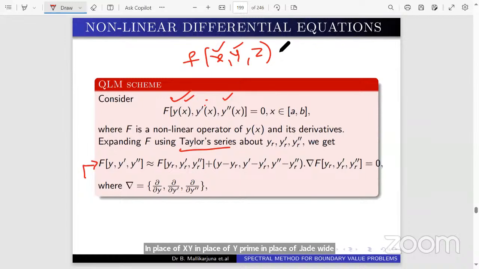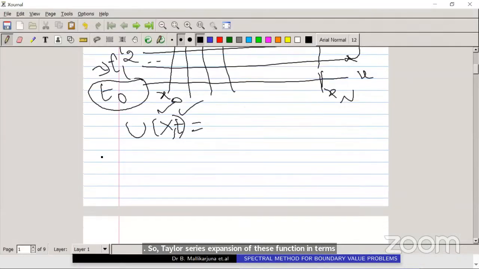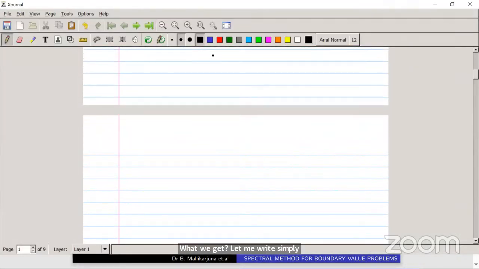So, the Taylor series expansion of this function in terms of three variables. What we get? Let me write simply just for understanding. So what you will get? f of x, y, z about the point (a, b, c), suppose.